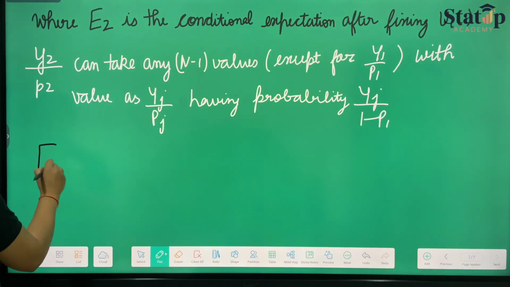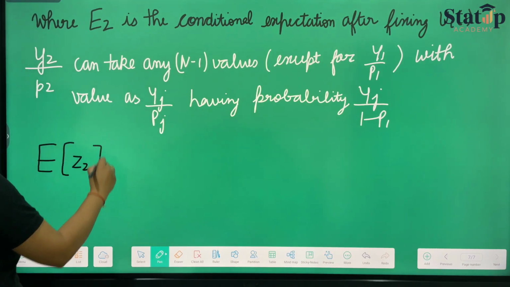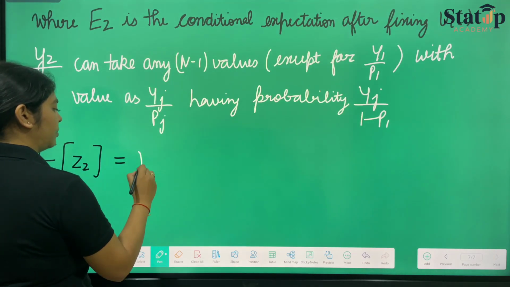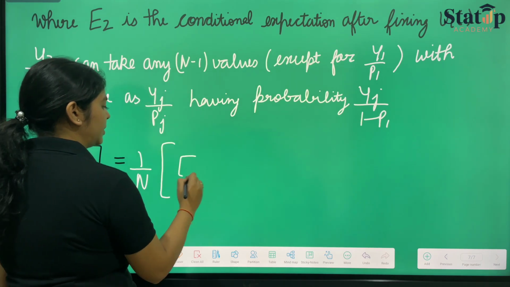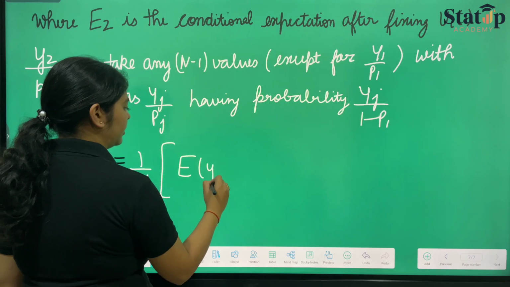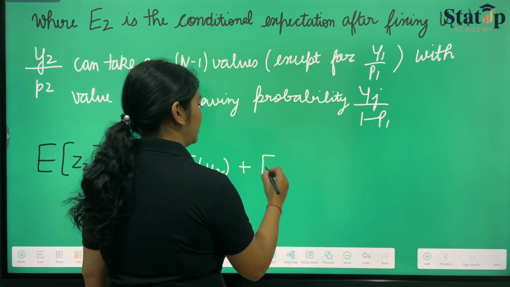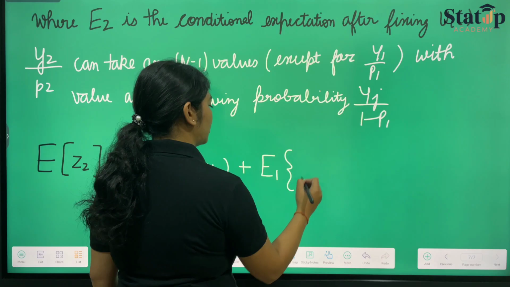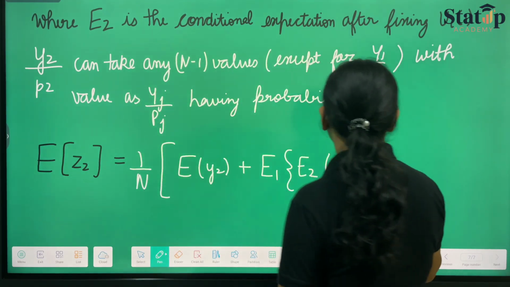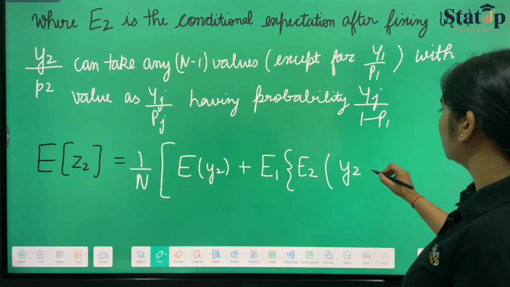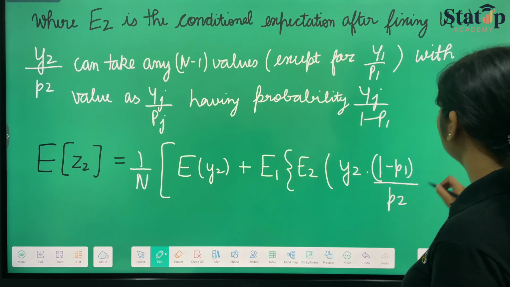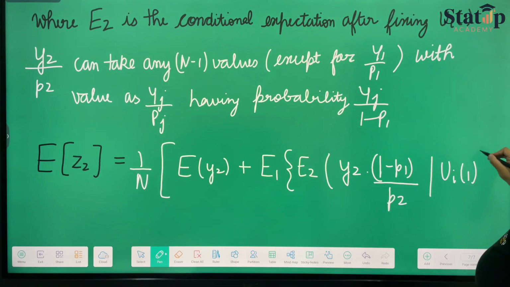So this expectation of z2 can be written as 1 upon n into expectation of y2 plus E1 E2 of y2 into 1 minus p1 upon p2 given u1.